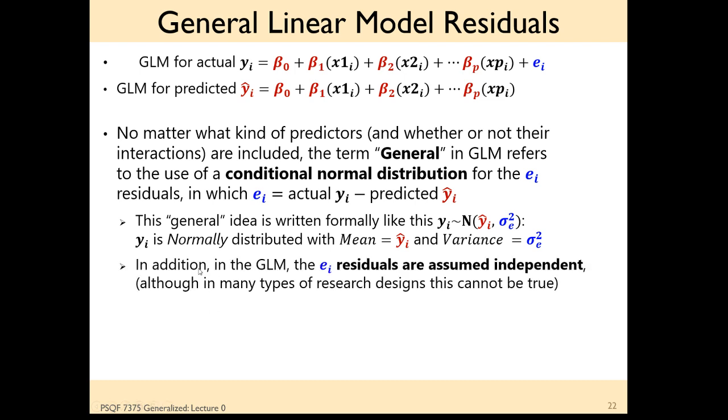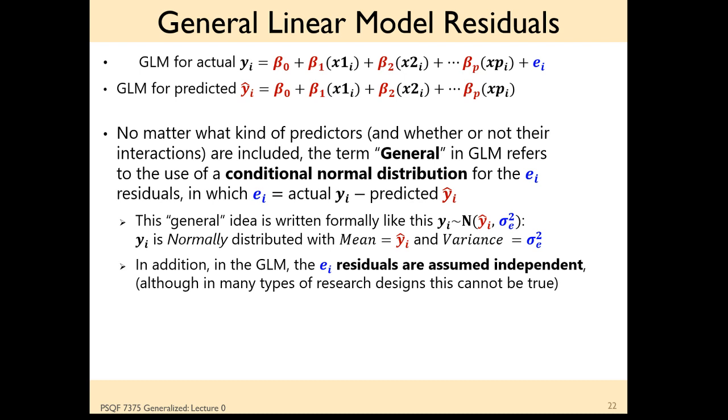Another thing that you are told: the E residuals are supposed to be independent. What's the difference between an independent residual and a dependent residual, folks? Let's review. Can you give me an example of when this would not be true, that they're independent?